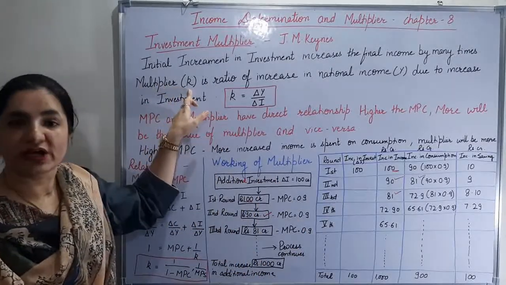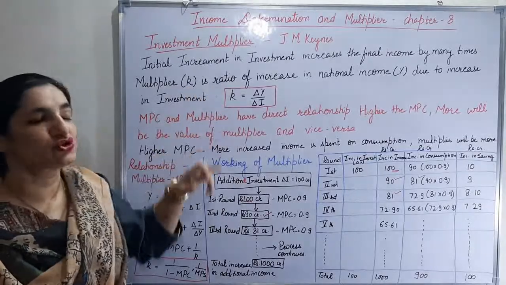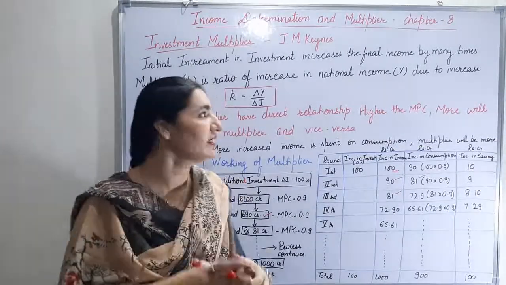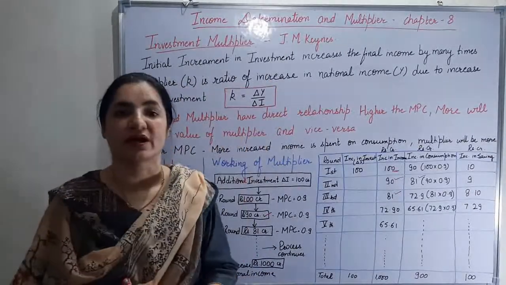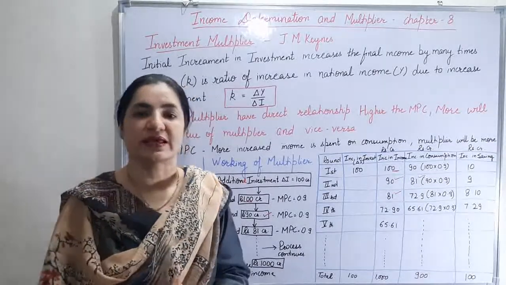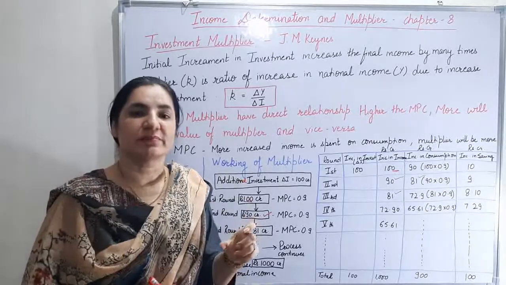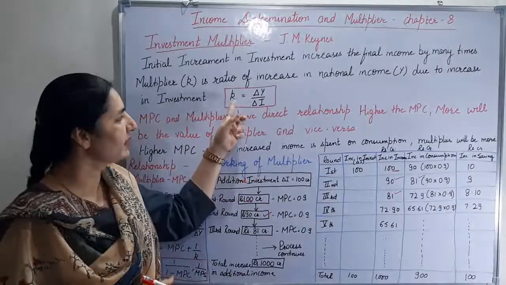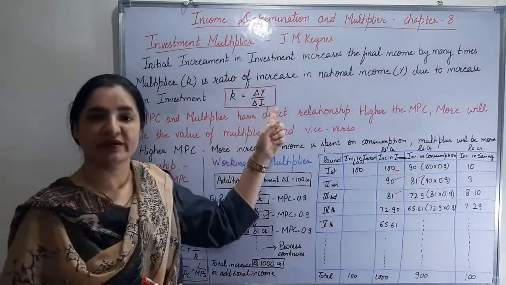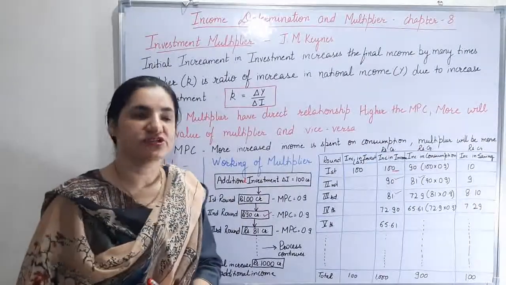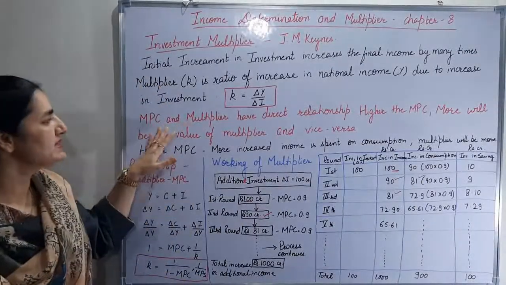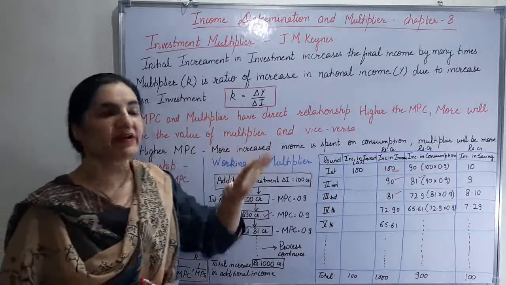Multiplier, which is denoted by small k, is actually the ratio of the increase in national income to the increase in that additional investment. So this can be written in the formula: small k is equal to change in national income divided by change in investment. MPC and multiplier have a direct relationship.